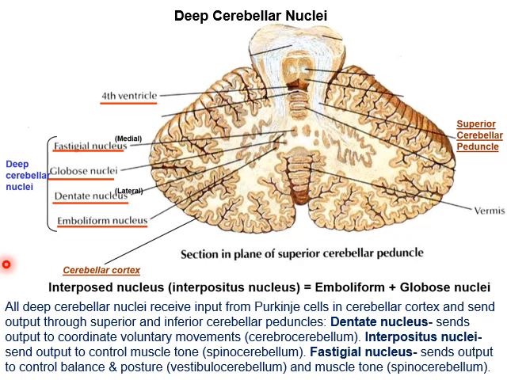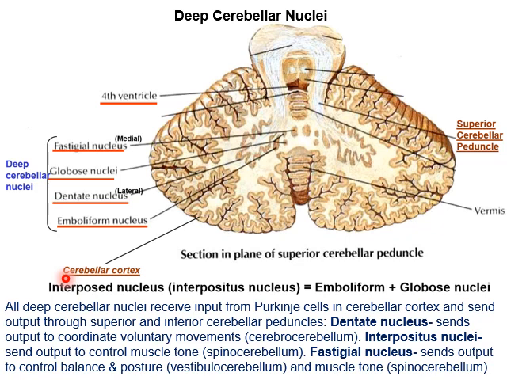The deep cerebellar nuclei, all of them, receive input from the Purkinje cells in the cerebellar cortex, and send the output from the cerebellum through the superior and inferior cerebellar peduncles. So this is the superior cerebellar peduncle.